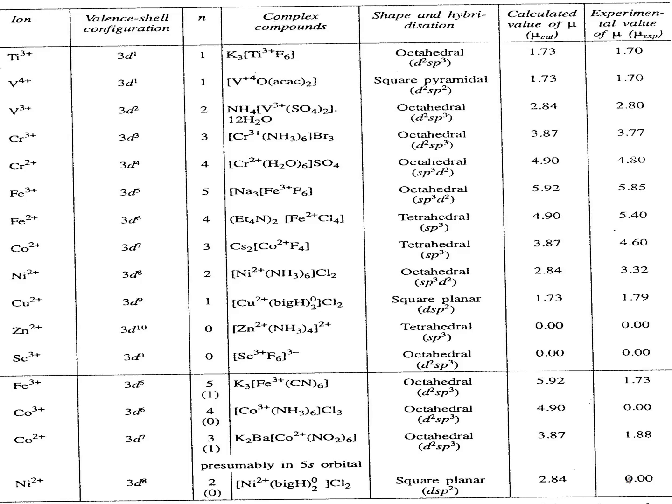In the second half of the table, from iron, cobalt and nickel, the second part of the table represents that there are two possibilities of unpairing of electrons. In case of iron plus 3, iron plus 3 can form two types of complexes.